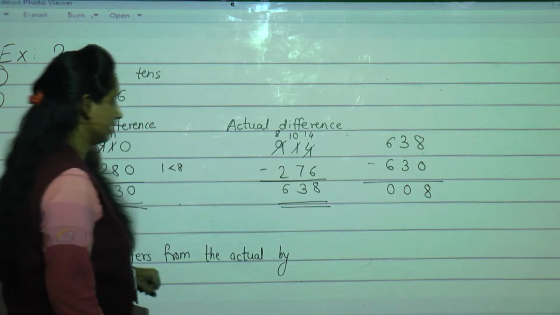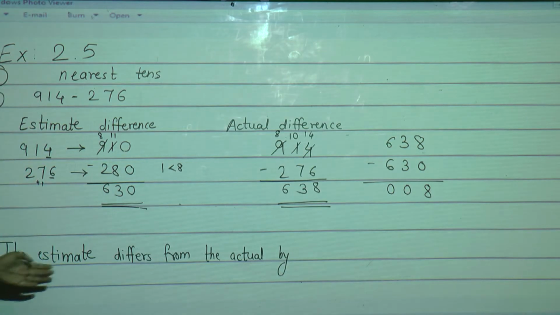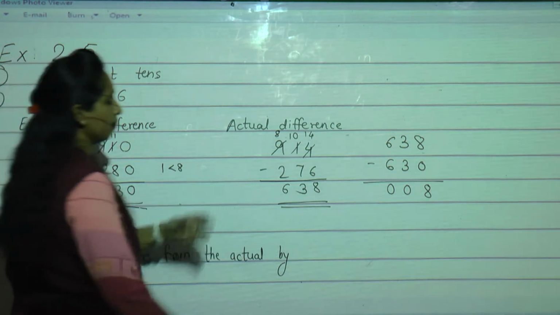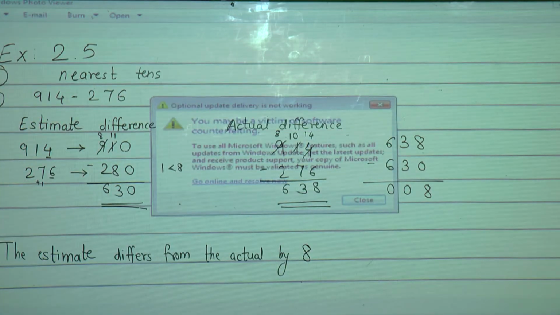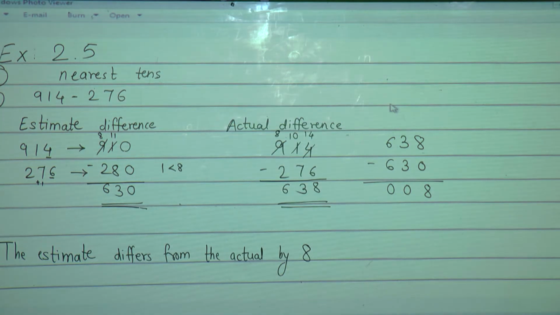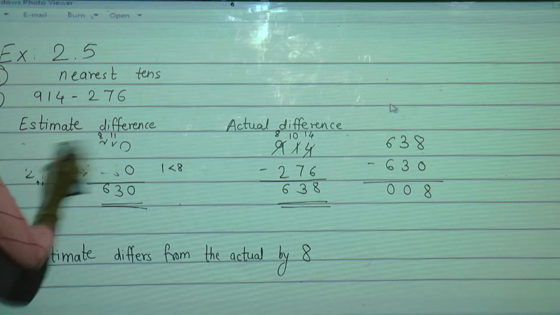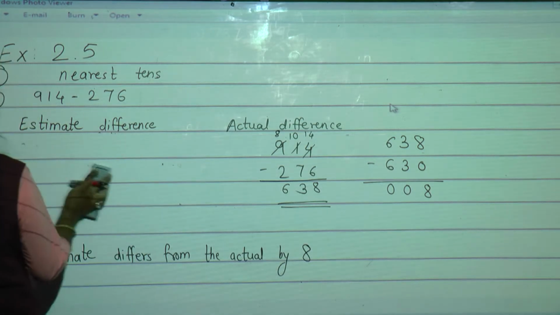So how much difference is there? So you have to write the estimate differs from the actual by 8. Understood? Same. Previously in exercise 2.4 we were doing addition and here we are doing subtraction. Understood? Now I'll take next sum.